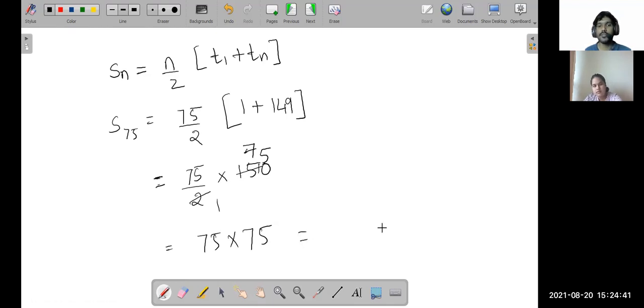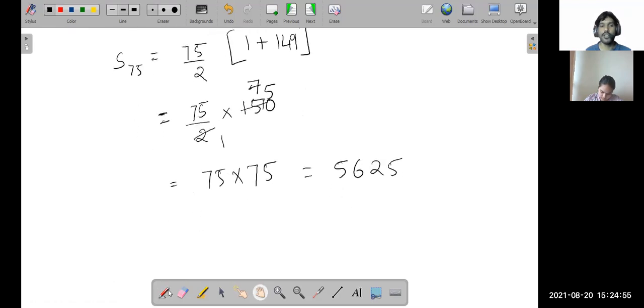How much will this be? 5625. So the answer is S75 is equal to 5625.